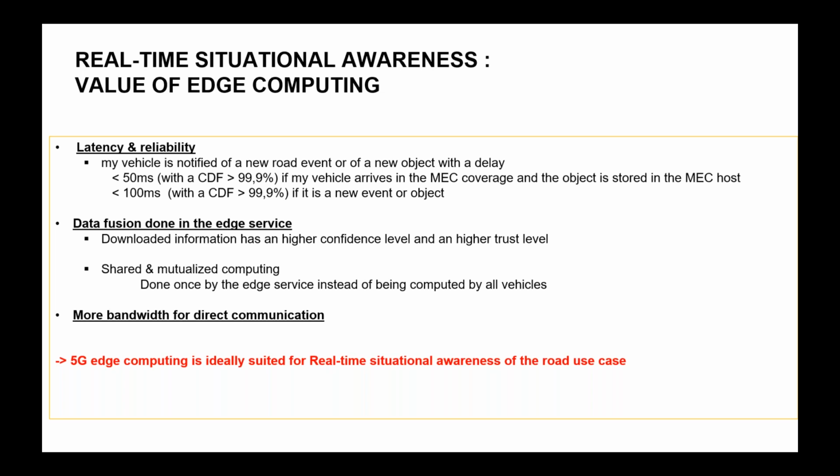It's also not efficient from a collective point of view, because here you have a single entity, the edge, which does the complete computing for all the vehicles under its coverage. While if it was done in a distributed and decentralized manner, they will all do roughly the same computing, so it's not very efficient.